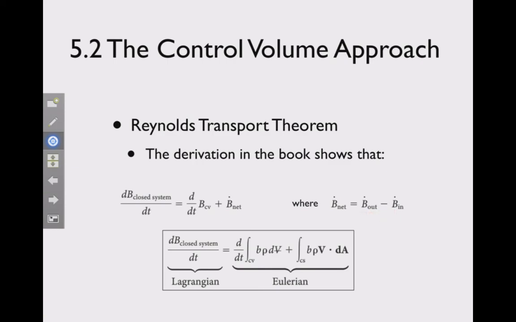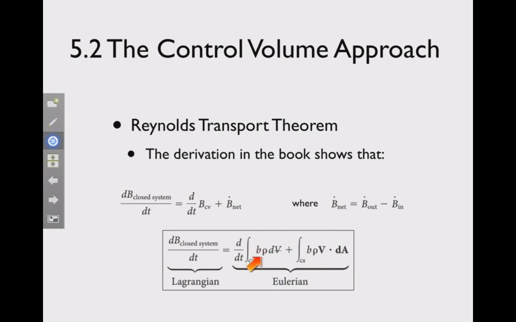Now, we can rewrite that equation in terms of the rho dV that we've been using all along. And so what we have is a Lagrangian point of view, dB/dt, the total derivative of B with respect to t in the closed system, is going to equal these two terms, the Eulerian terms, where we have the rate of change of matter in the control volume.